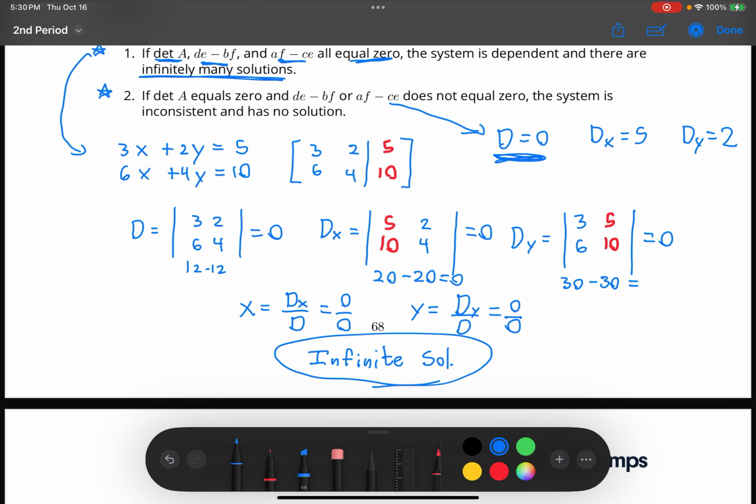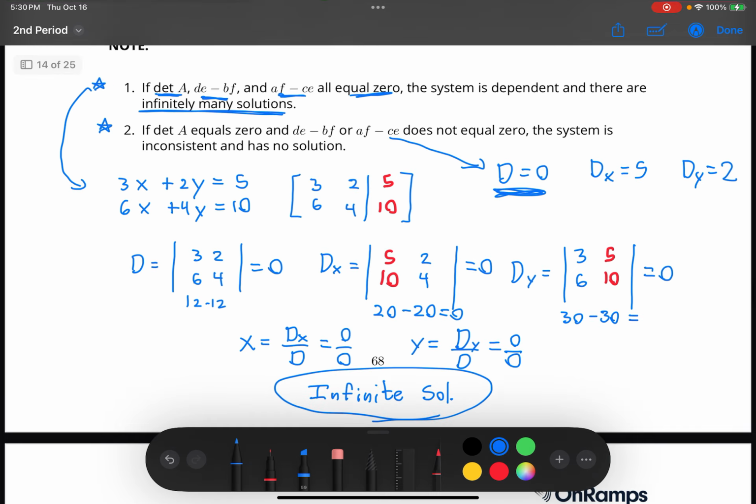So I know that's kind of confusing, but make sure you read exactly what I'm saying. If all your determinants are 0, you have infinite solutions. If only this determinant, which is normally the determinant I was talking about here, is 0, but then nothing else is 0, then you're going to have no solution, okay? So again, all of them have to be equal to 0 to have infinite.